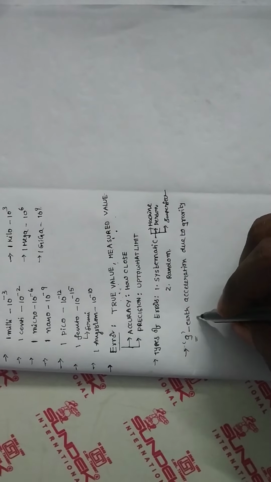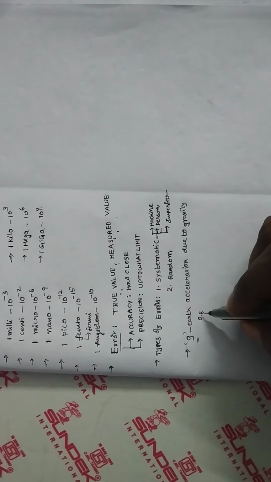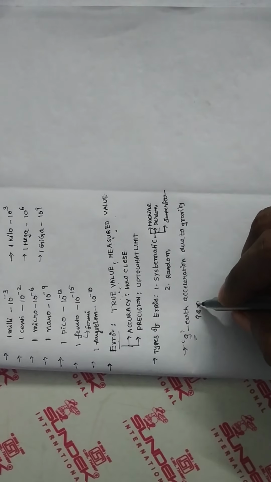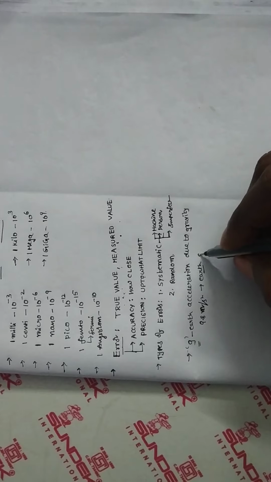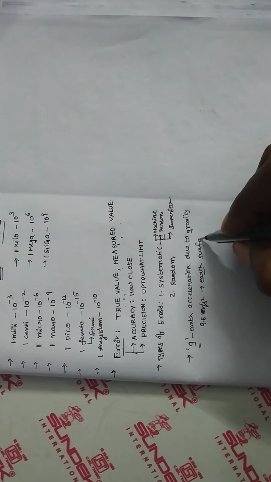You know the value, it is constant 9.8 per second square only on the earth surface. What happens to the value of g when you go into the side of the earth or away from the earth surface? The value of g changes from place to place.